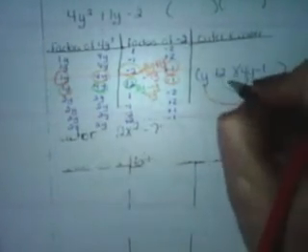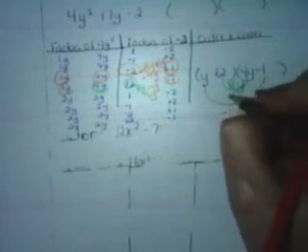Once you write it down, check it one more time. Take your outer, y times negative 1 gives me negative 1y, and then your inner, 4 times 2y is 8y. Add them together, you get 7y. That's what we're looking for. So there's your correct factorization.